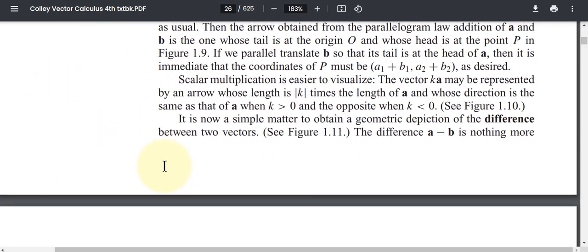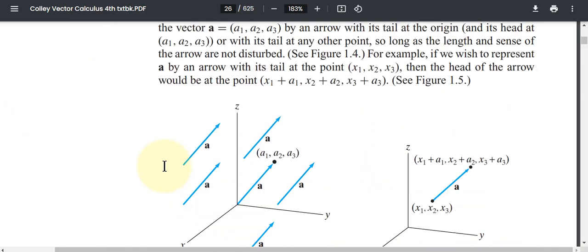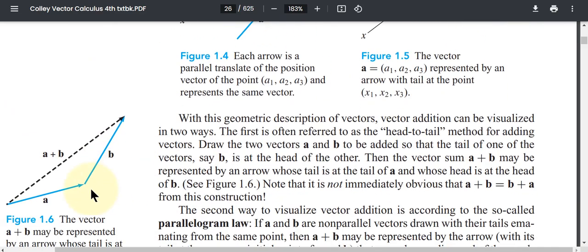Now they don't do that here, but we could have two vectors, A and B, both drawn with their tails at the origin at first. But we want to show this way what it means to add those two. And one way to understand it is to take the first one and draw it.